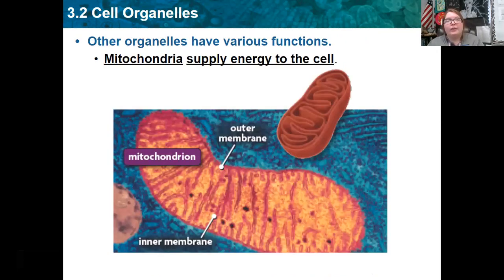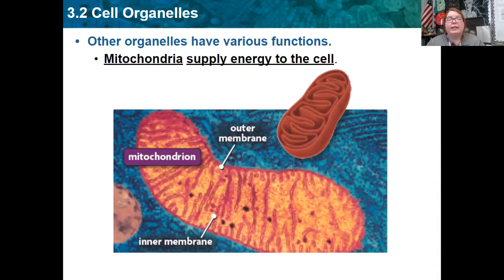So mitochondria, I'm sure I heard that word and there's about 10 of you that just like, mitochondria is the powerhouse of the cell. That definition, while it might help you remember it, is not the definition we're going to use for our purposes. So mitochondria supply energy to the cell. That's the basic thing.